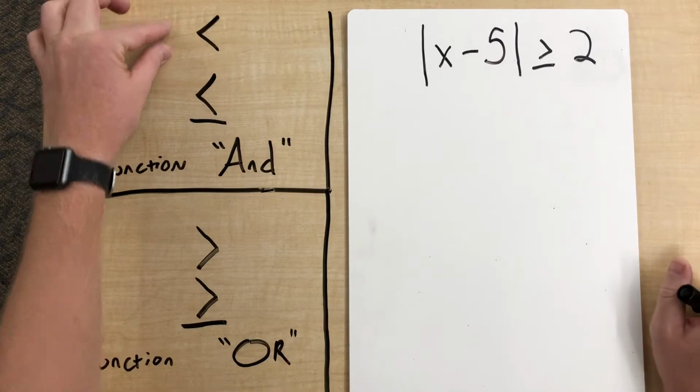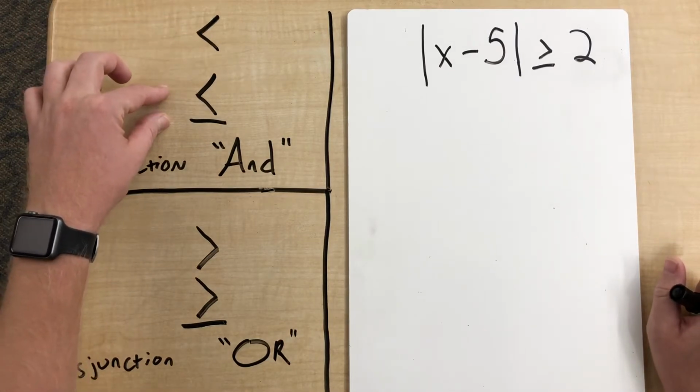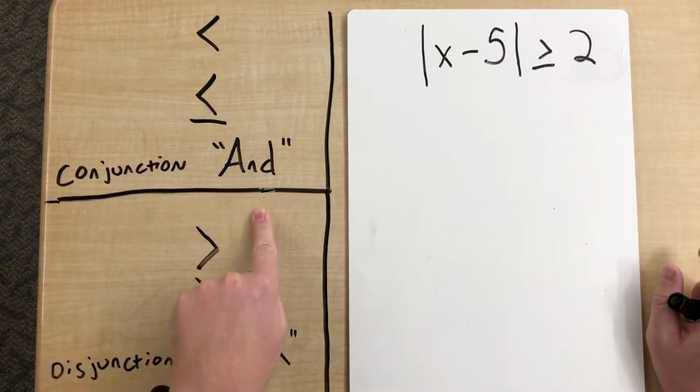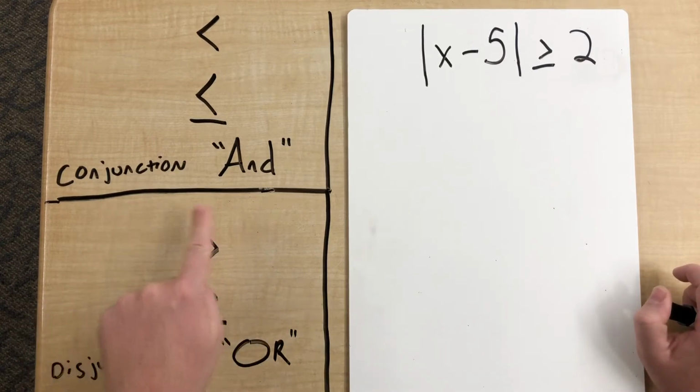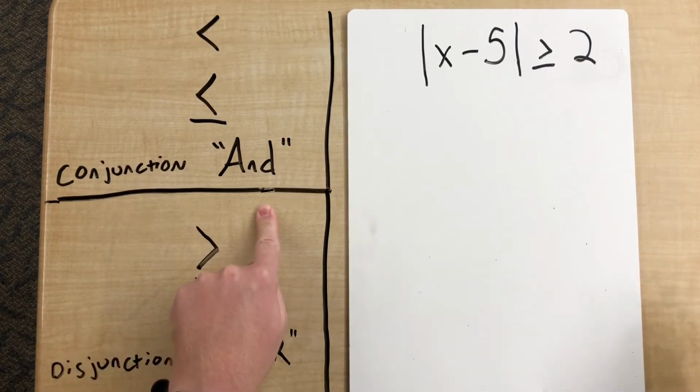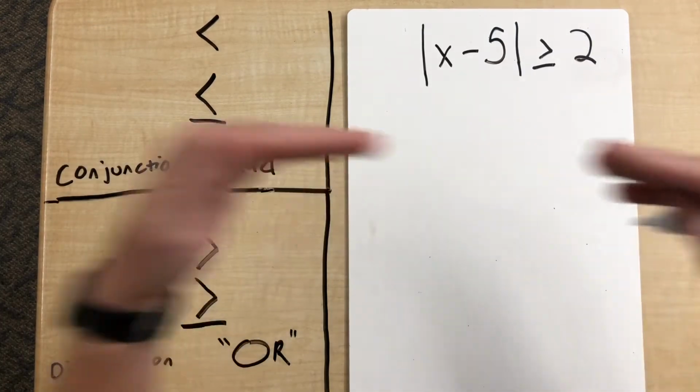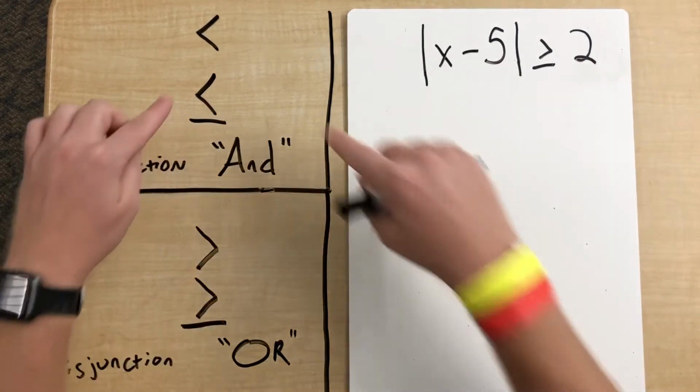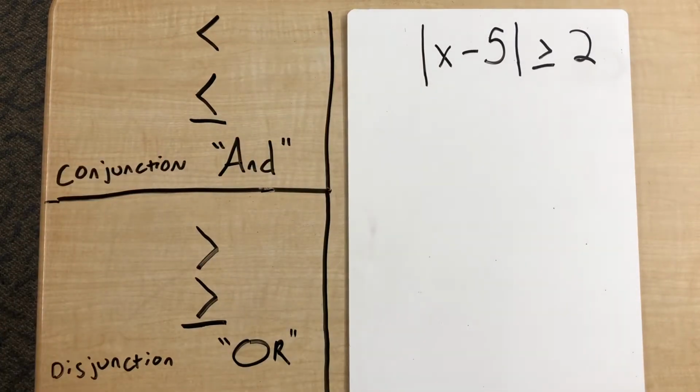If it is less than or equal to, it is always going to end up being an and statement. So remember our conjunction statements, our and statements from previous lessons. The graph is going to be in the middle. The x is going to be in the middle if we have a less than or equal to.